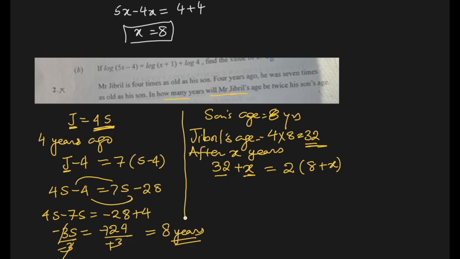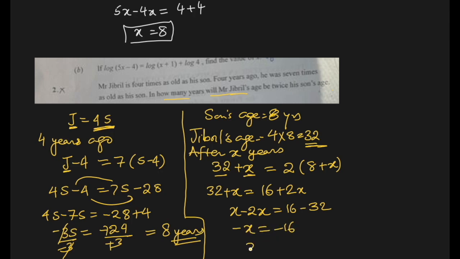And again, we'll simplify it the way we've been doing it. 32 plus x equal to 16 plus 2x. X minus 2x equal to 16 minus 32. So negative x equal to negative 16. X is 16.